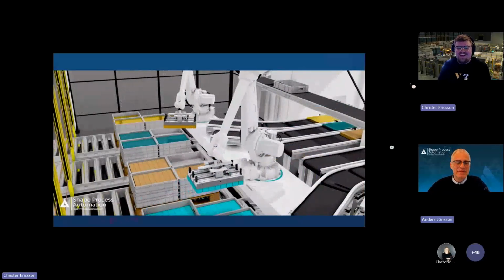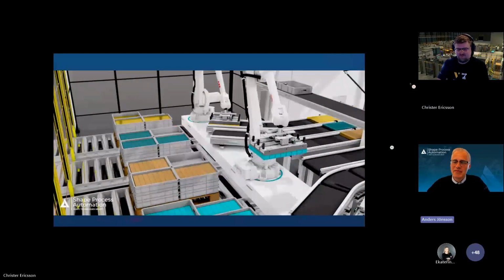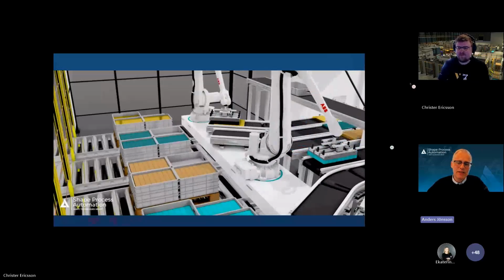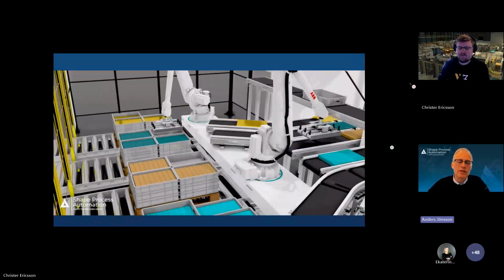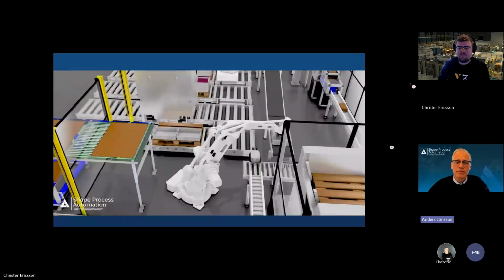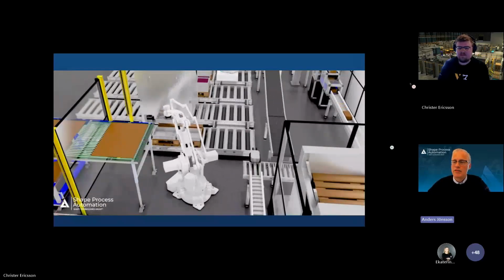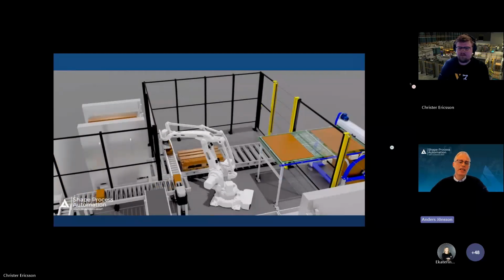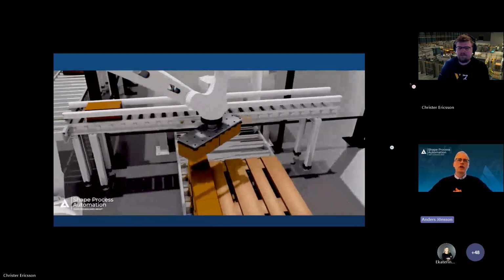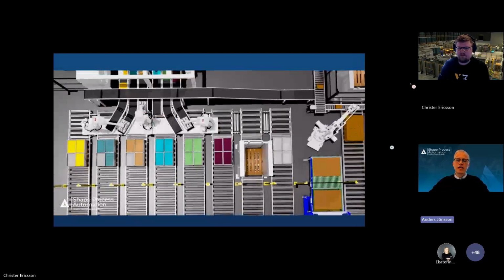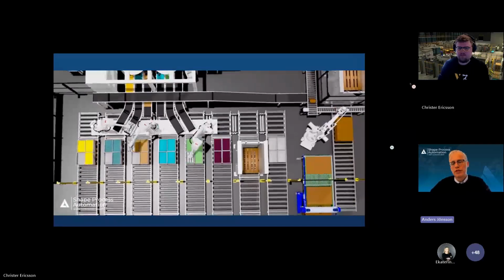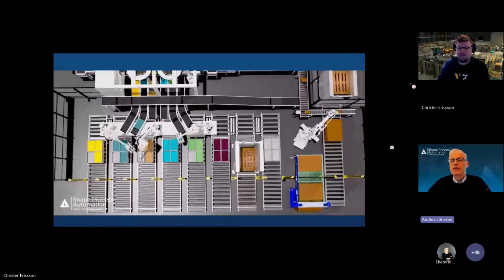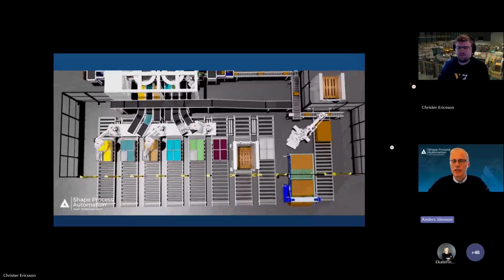But you have those pallets, 6 different product types, variants. They are represented with different colors here, so they are easily recognizable. Could be cat food or whatever. Mixing. And then in this simulation, we wanted to show that we are capable of designing and running a full system for a customer, not only delivering a part of this.